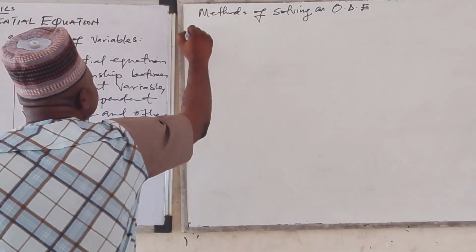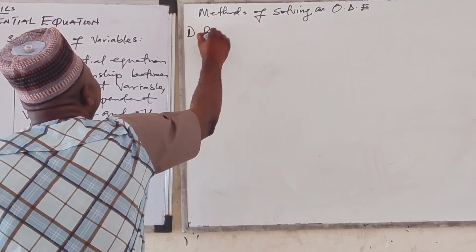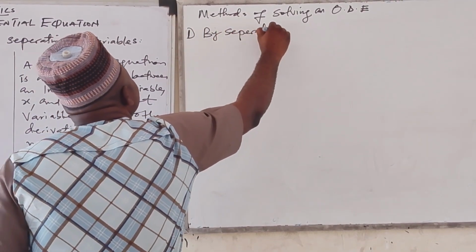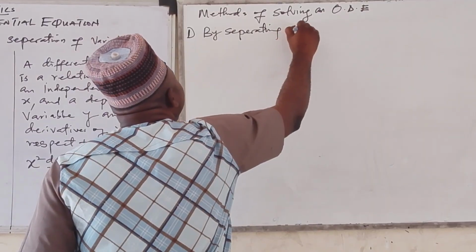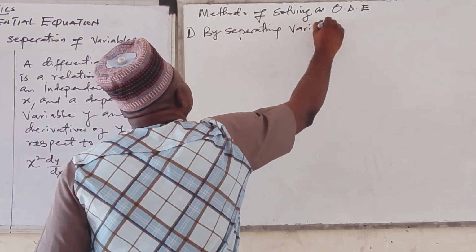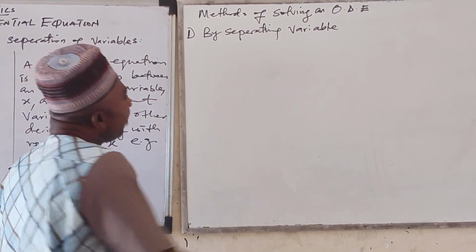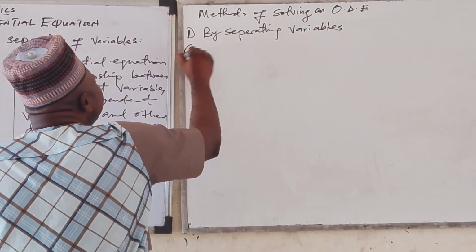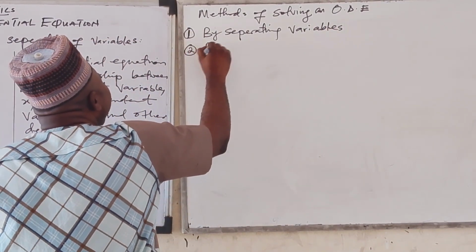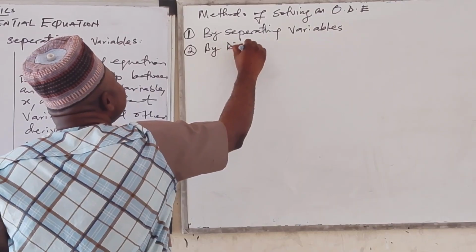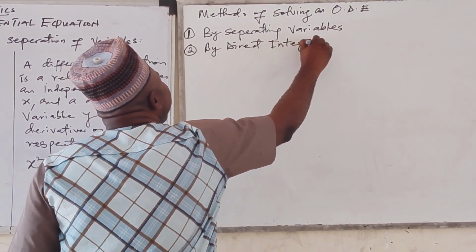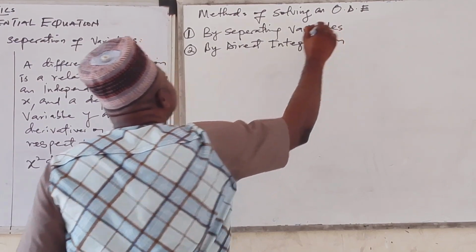Now, method number one, we have by separating variables. That's method number one. Now, method number two, we have by direct integration.